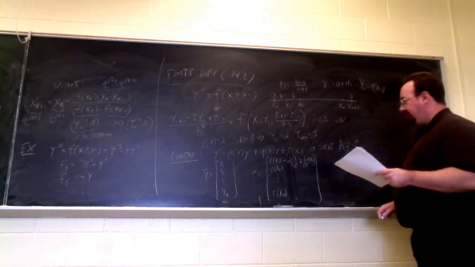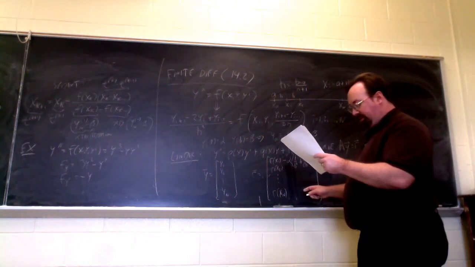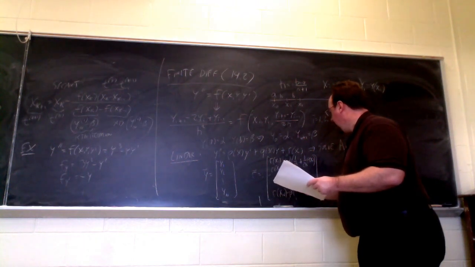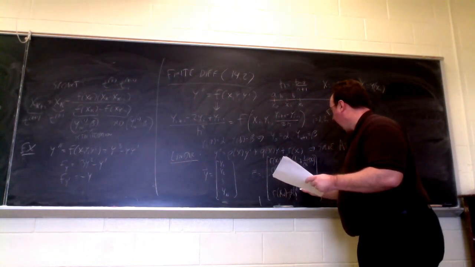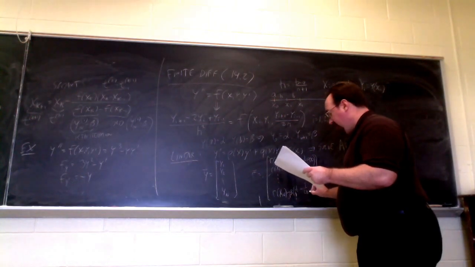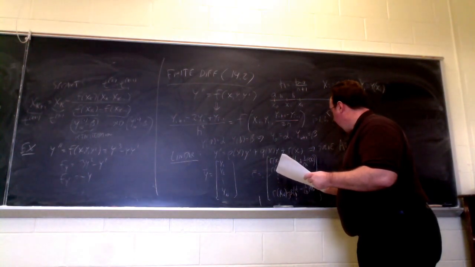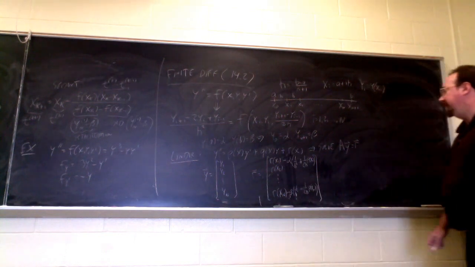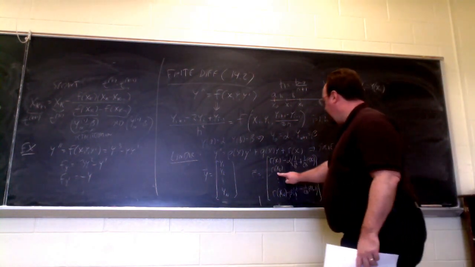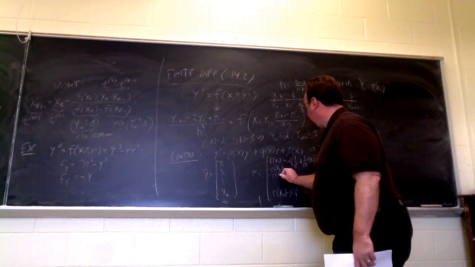I'll explain where it comes from momentarily. But in the other term, I got something similar. So minus beta times 1 over h squared minus 1 over 2h p of xn. It's just on the first and last one, only the first and last. Everything else is equal to just an r value.